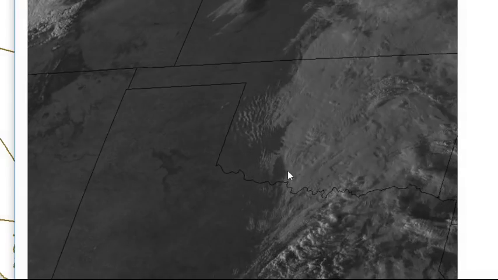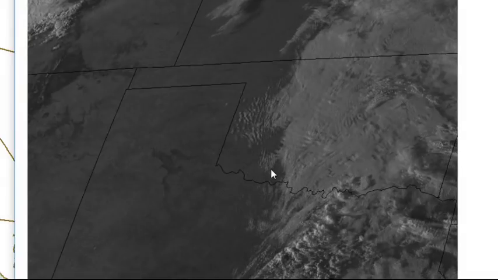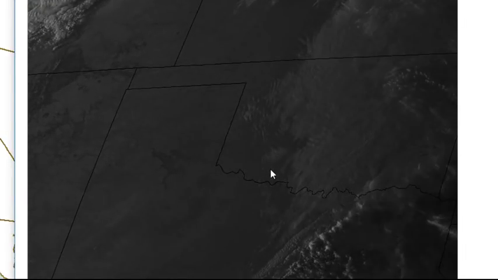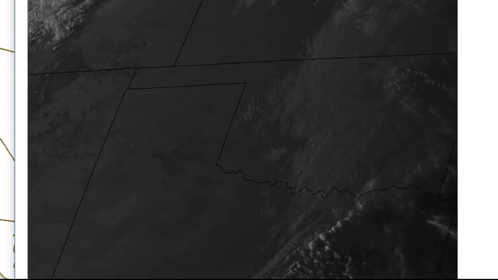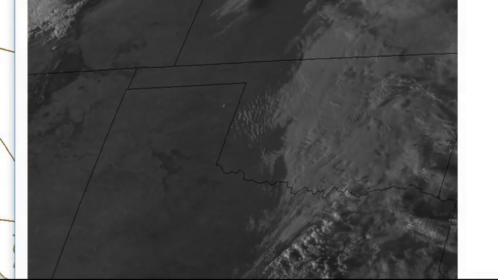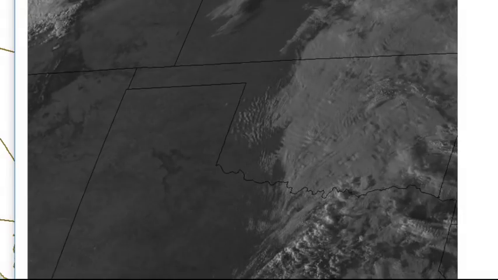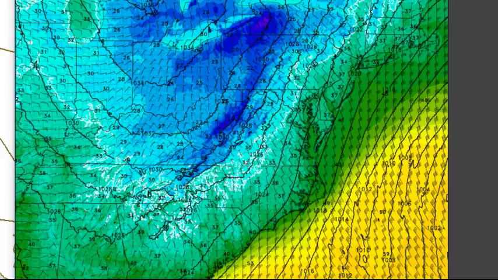So all you see here is stratocumulus clouds dying off as we lose heating and getting higher up in the troposphere, or the lower levels. And didn't get anything going. Let's look at the soundings, because that's actually the story, how things were set up.